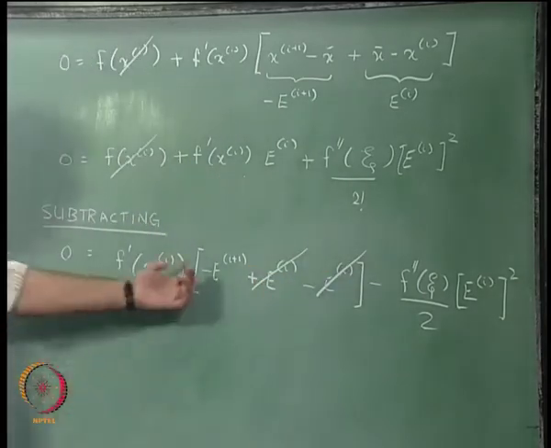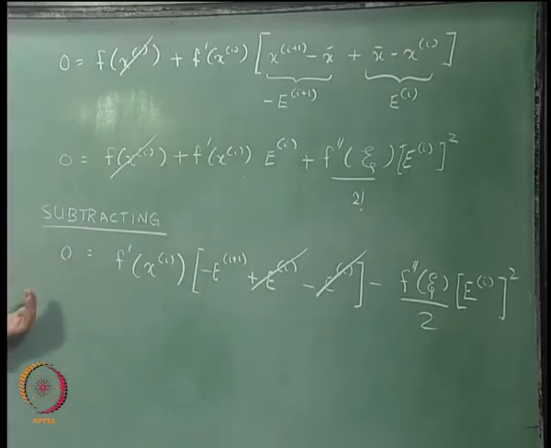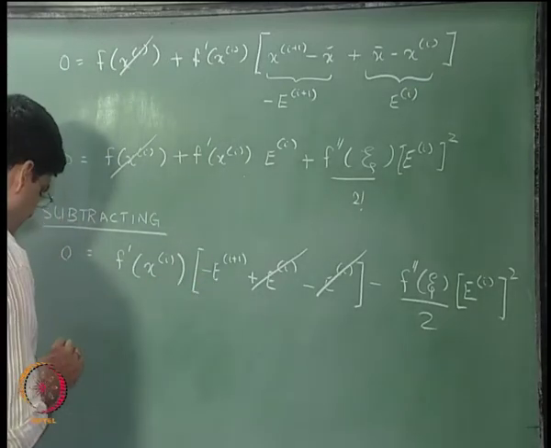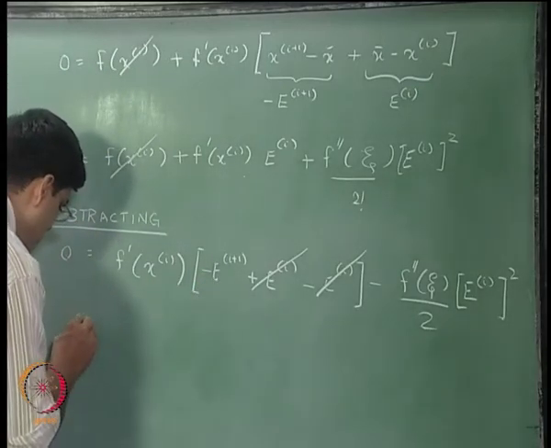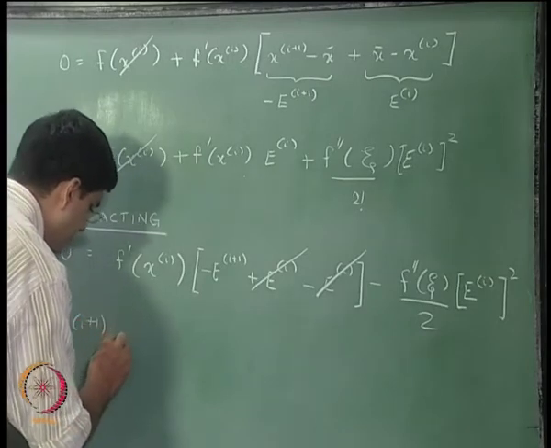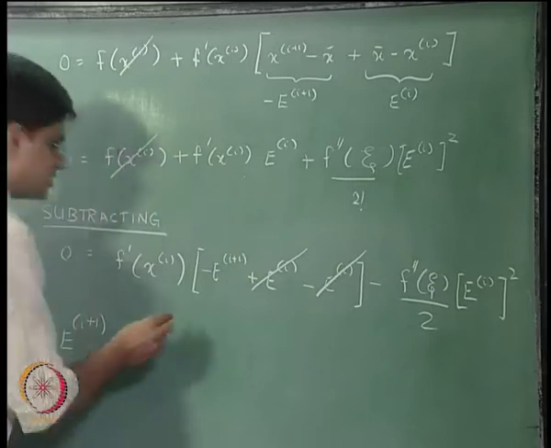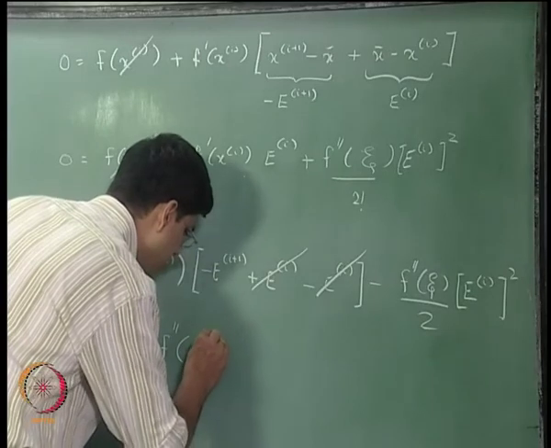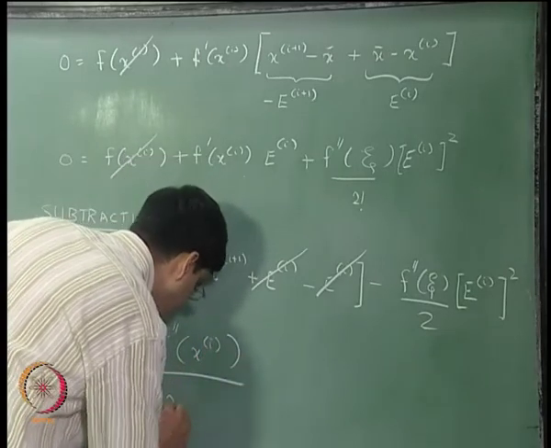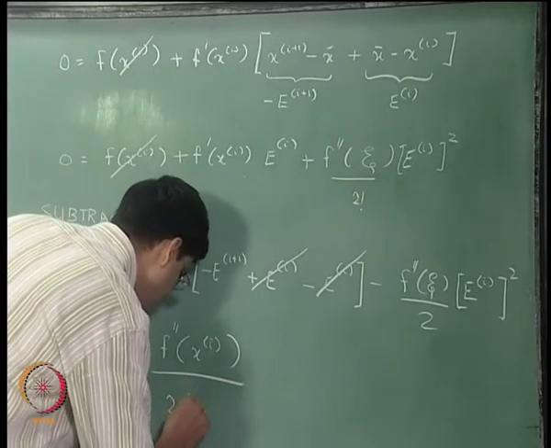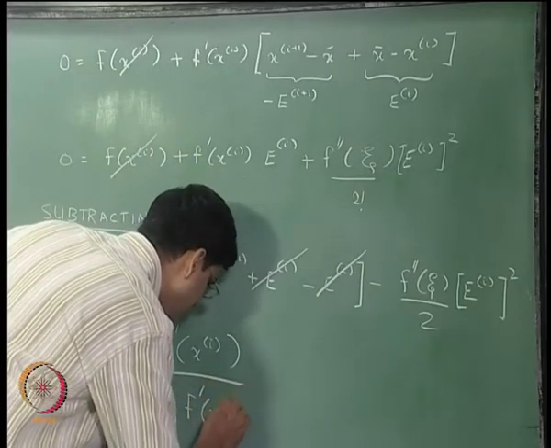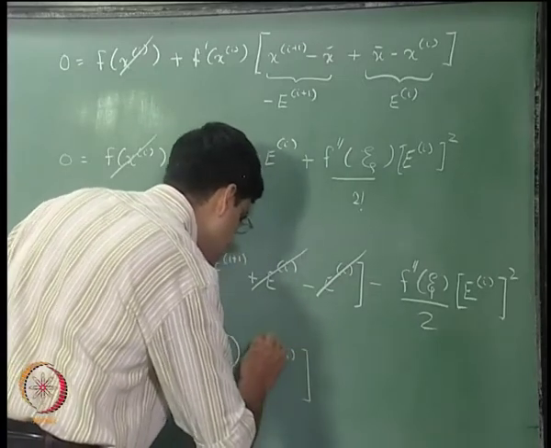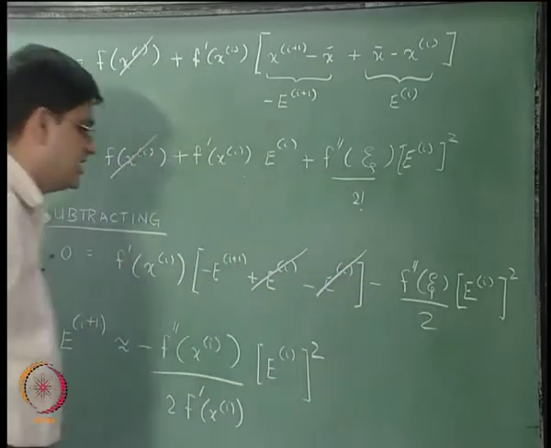This gets cancelled, we take this particular expression to the left hand side and divide throughout by f dash of xi. So what we are going to get over here is ei plus 1 is going to be approximately equal to minus f double dash of xi divided by 2 times f dash of xi multiplied by ei squared.